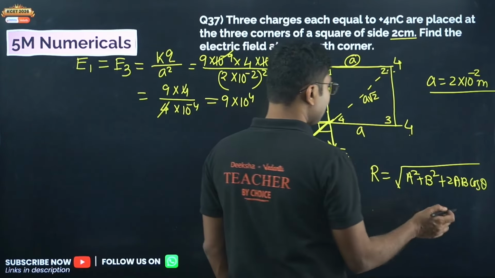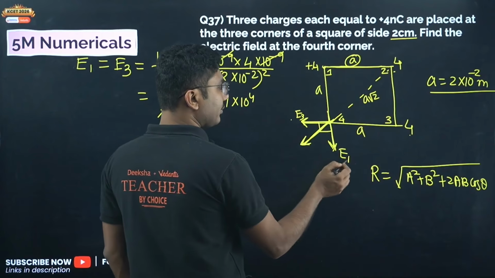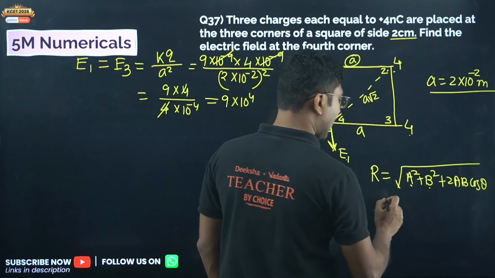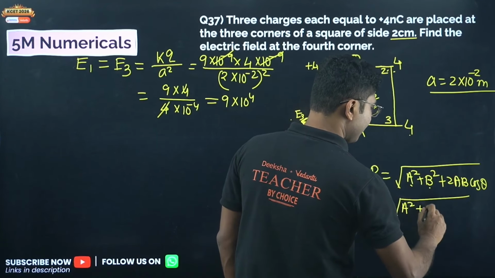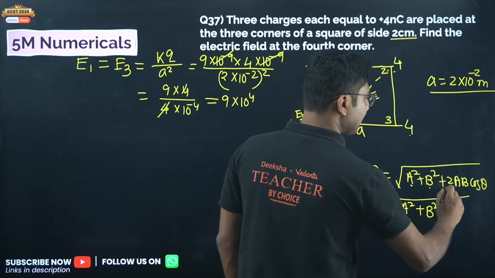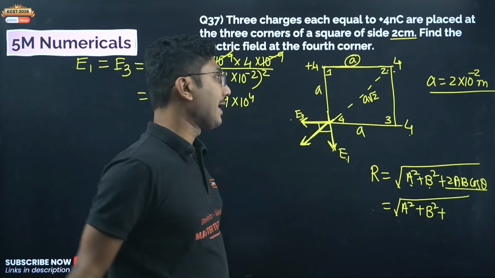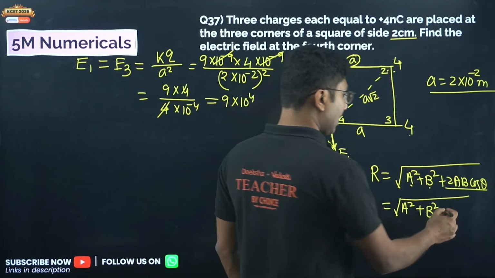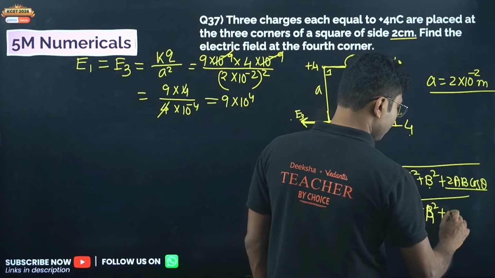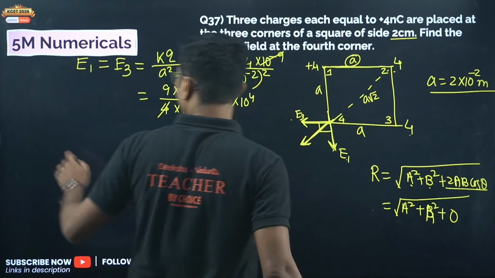In this particular case both magnitudes are same, so A and B are same, and 2AB cos theta is 0, because cos theta is 0.